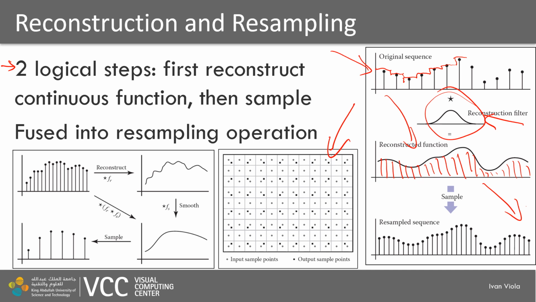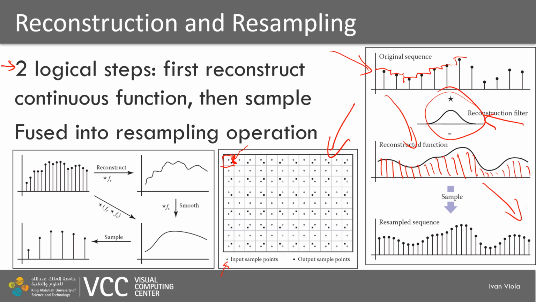So for example, hopefully you can see it well, there are circles indicating the original input sample points, and they are surrounded by their individual original pixels. And then there are these other points, these black points, which stand for the output desired sample resolution.